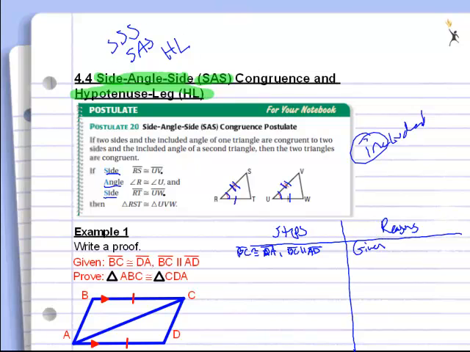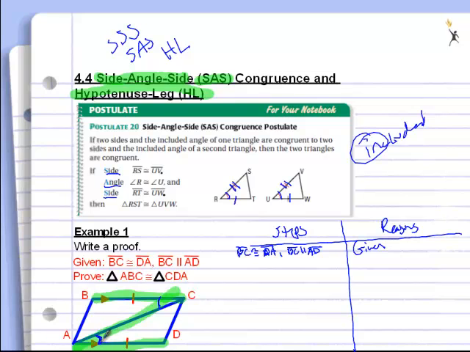Well, again, you need to reach back into your memory bank dealing with Chapter 3 and parallel lines cut by a transversal. Hopefully one of the things that jumps out at you right away is alternate interior angles.